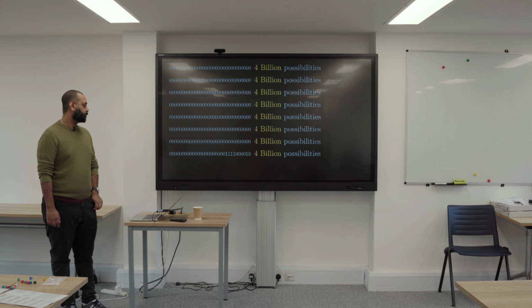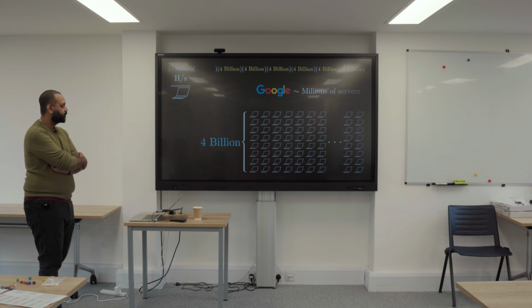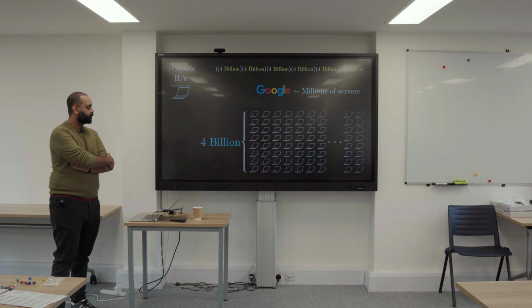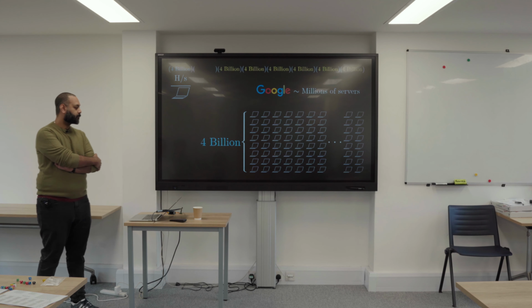So the first 4 billion here is going to represent the number of hashes per second per computer. Now, picture 4 billion of these GPU-packed computers. For comparison, even though Google does not at all make their number of servers public, estimates have it somewhere in the single-digit millions. In reality, most of those servers are going to be much less powerful than our imagined GPU-packed machine.